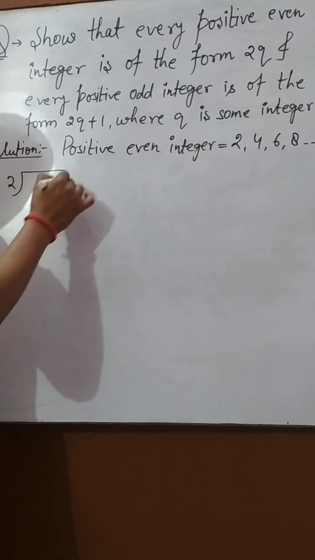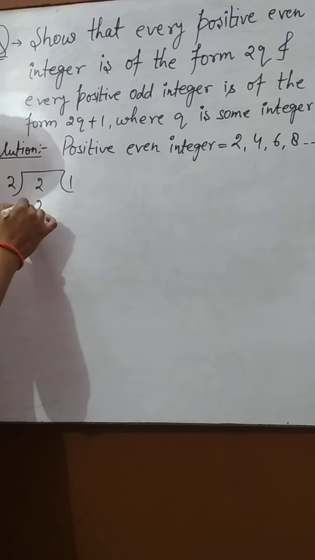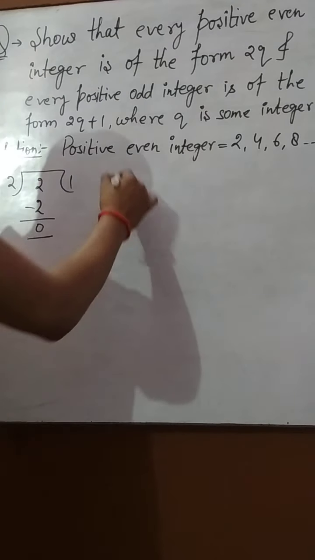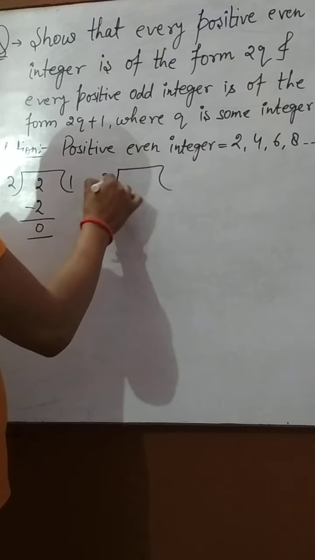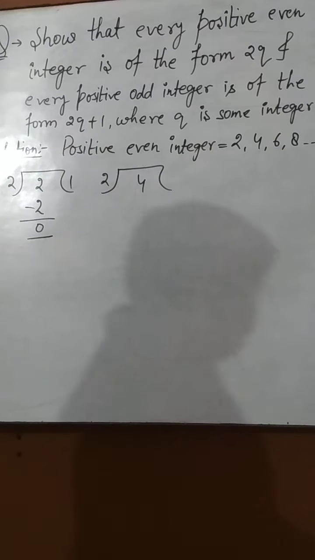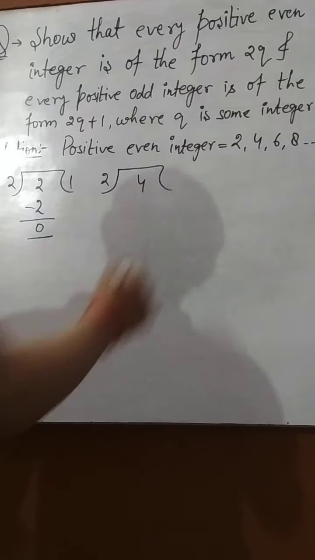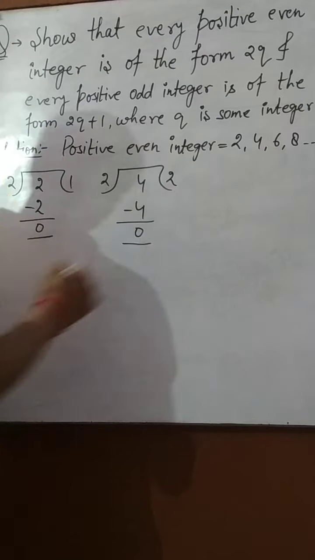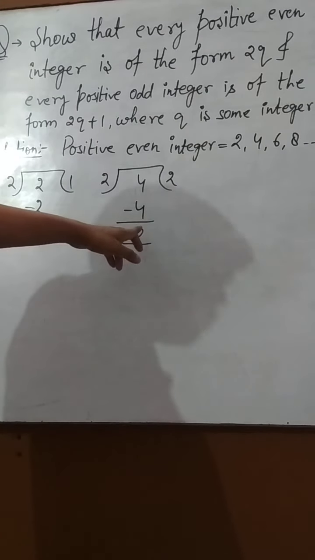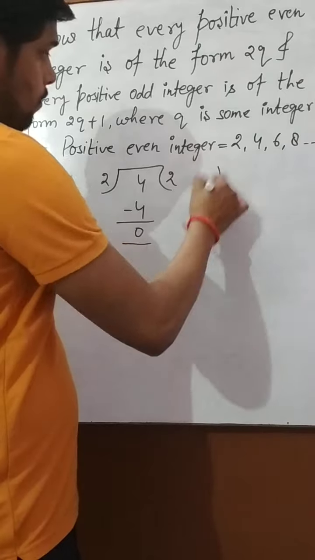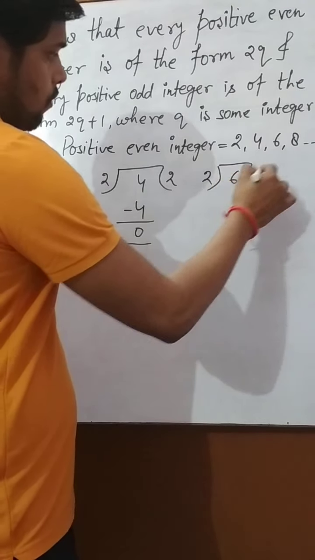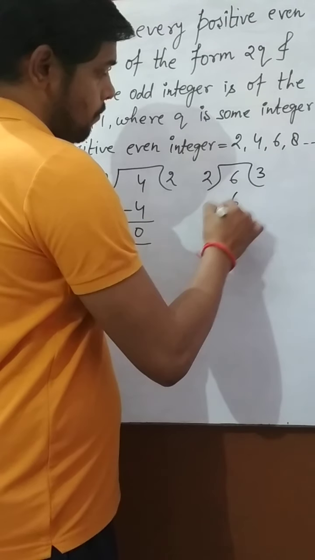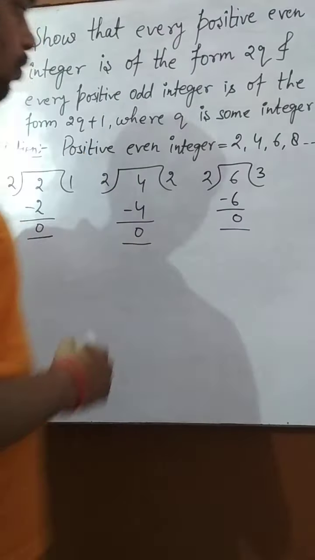2 divided by 2: 2 ones are 2, and you get remainder 0. Next, 4 divided by 2: 2 twos are 4, remainder 0. Next, 6 divided by 2: 3 times, remainder 0.